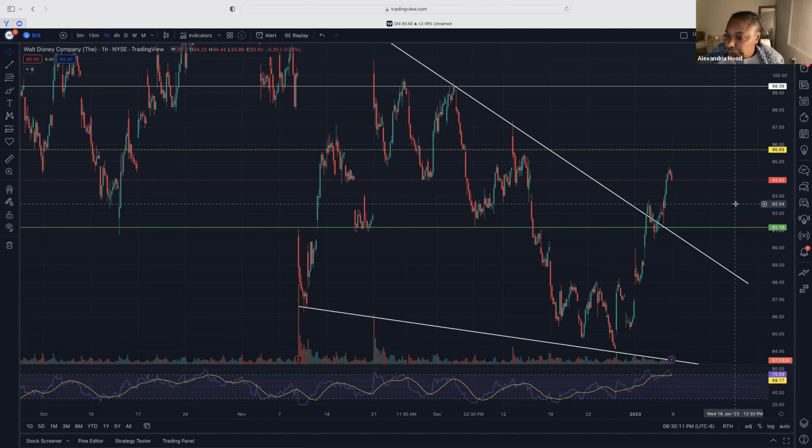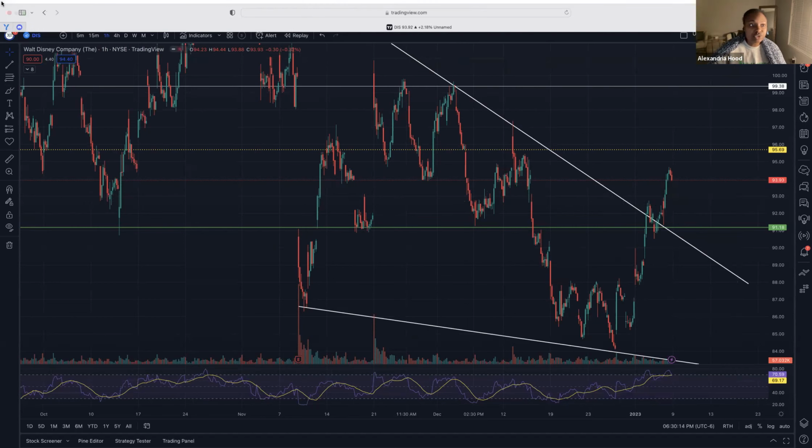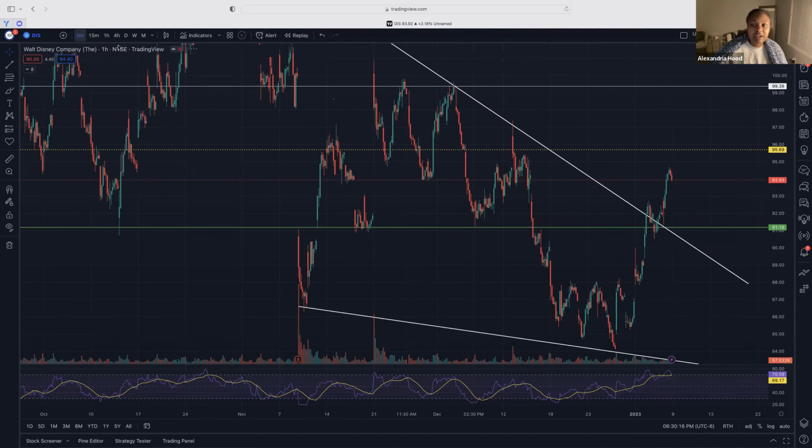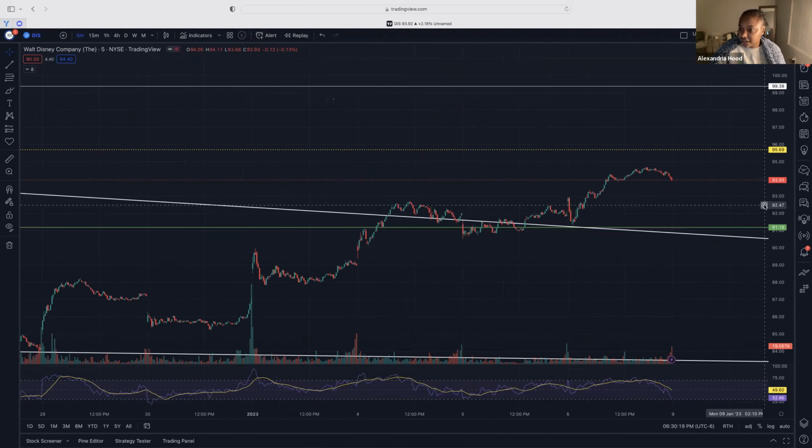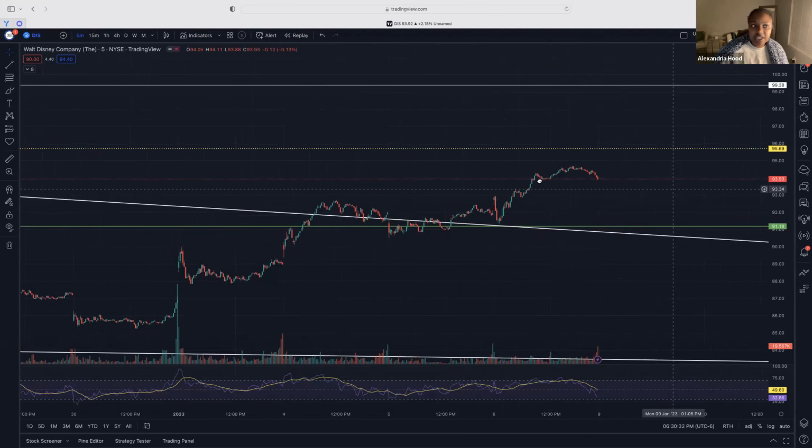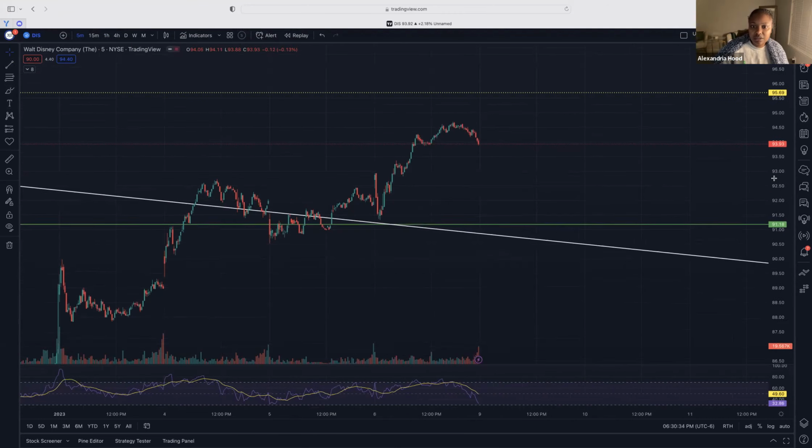Okay, I want to make sure I have that in mind. So when we come over here and look at this 92.30 range, y'all see that there, giving you that previous resistance. So that's where we'd want it below there. But okay, let's pull up the 10 first.